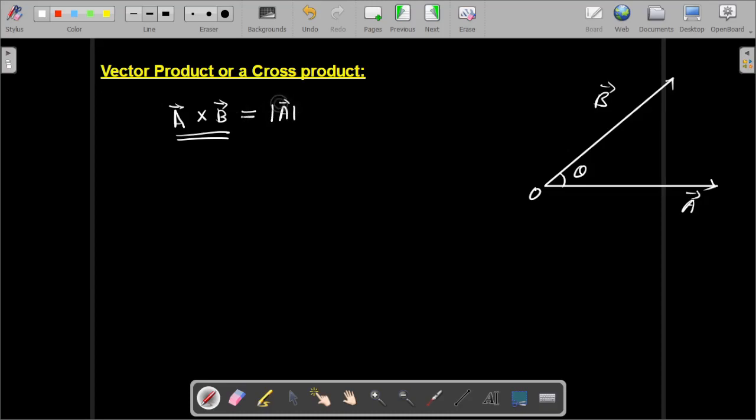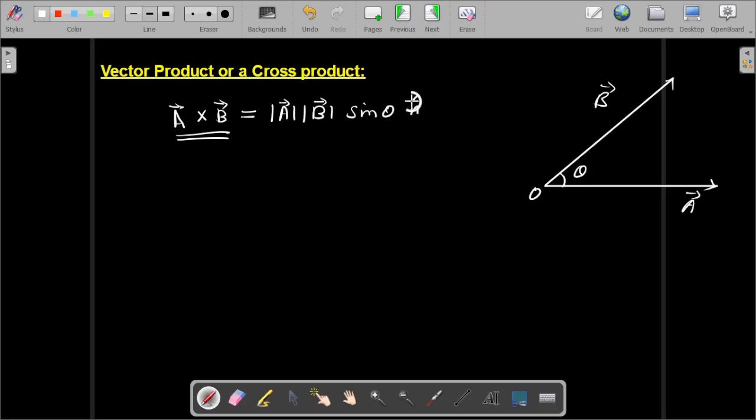The outcome will be AB sin theta. This is the cross product or vector product. The result of two given vectors A and B is always a vector.